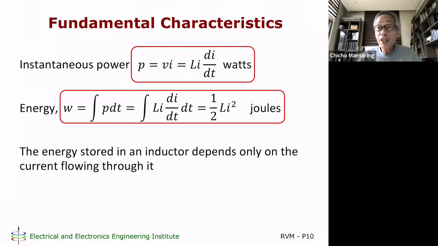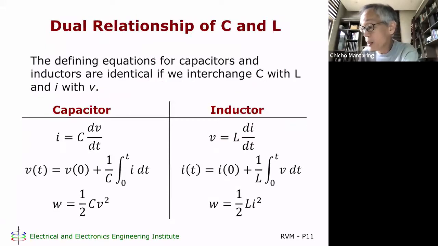A sign that charge is being stored in a capacitor is your voltage changing, and a sign that flux is being created or depleted in an inductor is your current is changing. So there seems to be a dual relationship, well, actually you call this duals, no? So this is the dual relationship of your capacitor and your inductor.